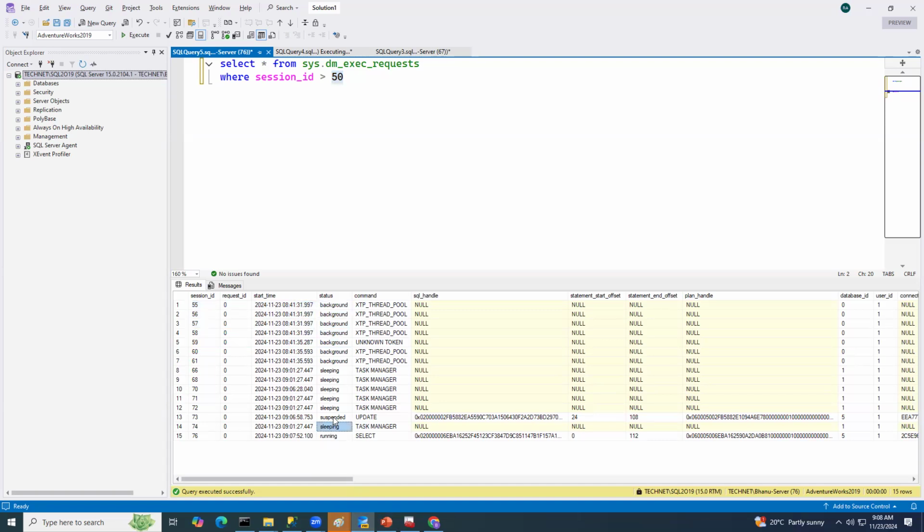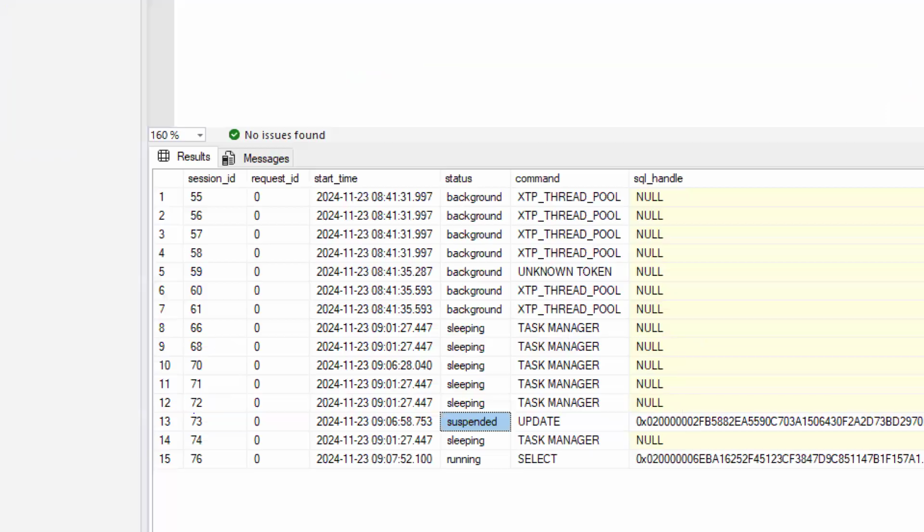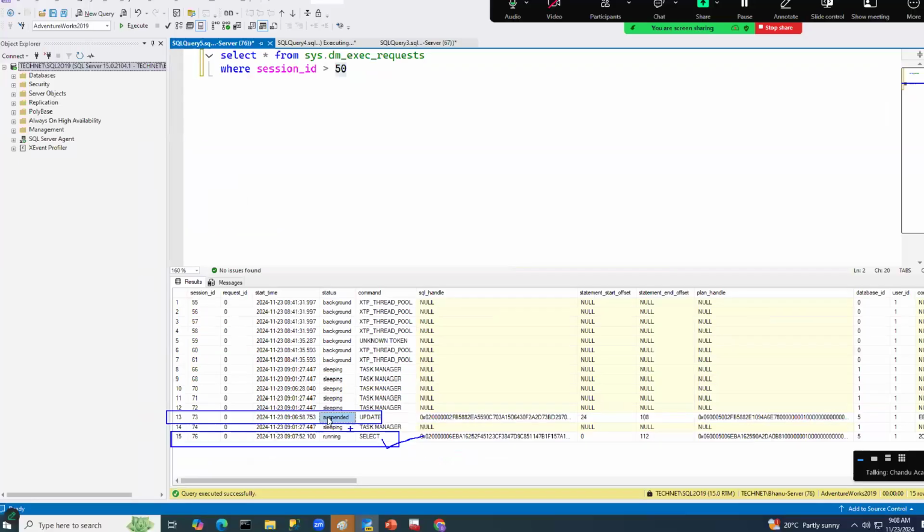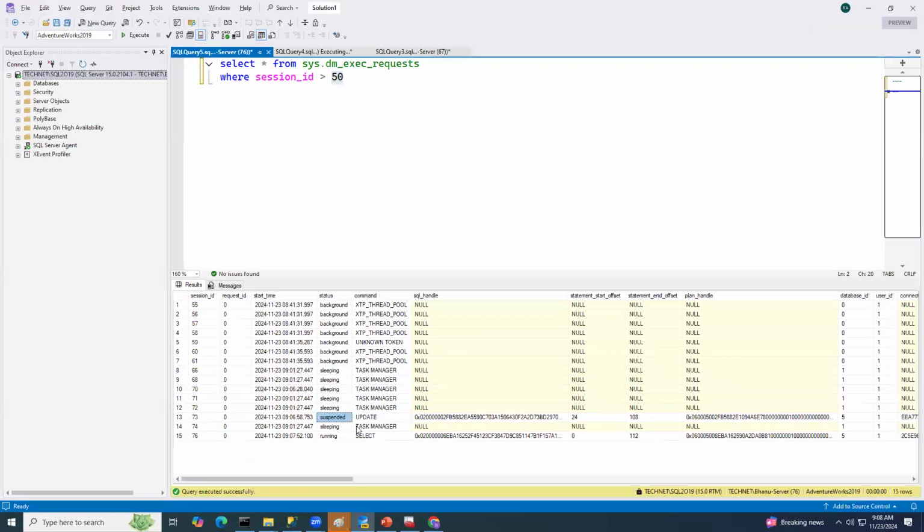Now, if you see here, suspended here, and you see running here. Running is, I think, the current thread, the current executing session. And suspended is basically if the thread is waiting for some resources, it is considered suspended, right?